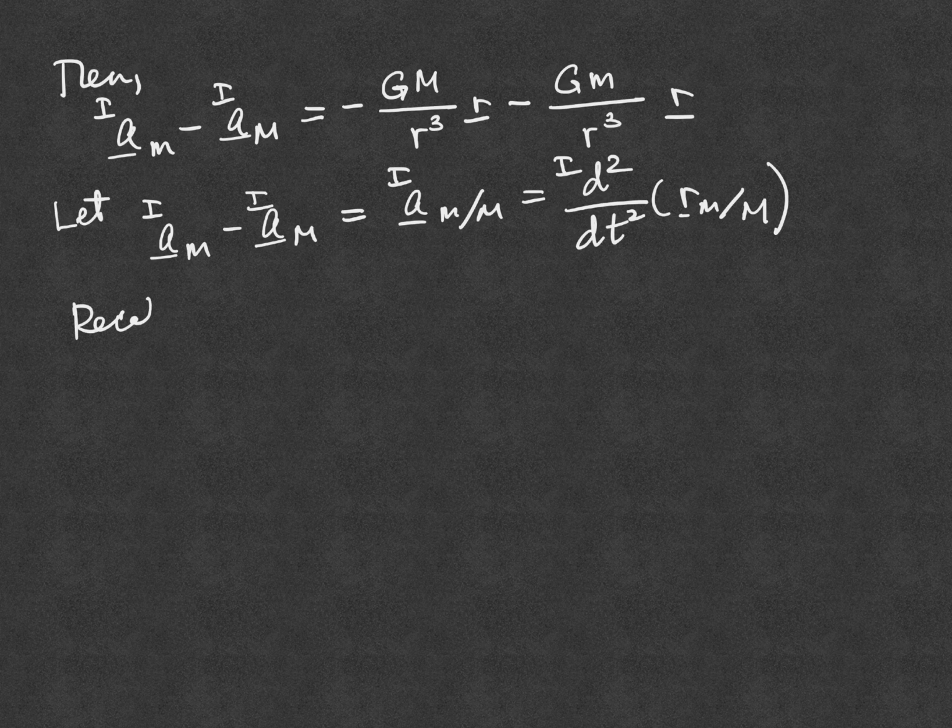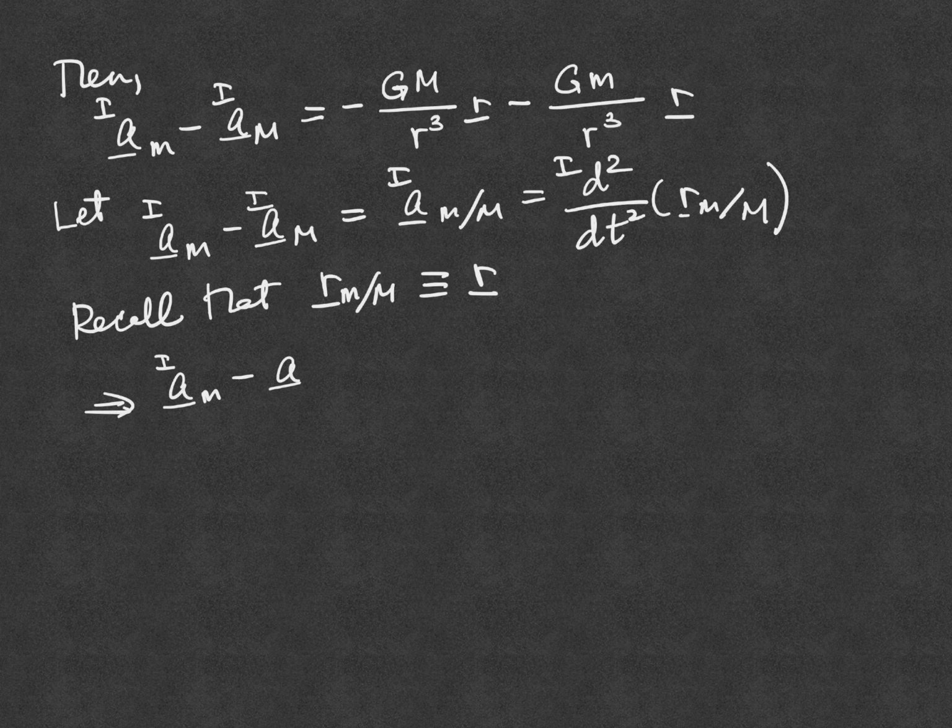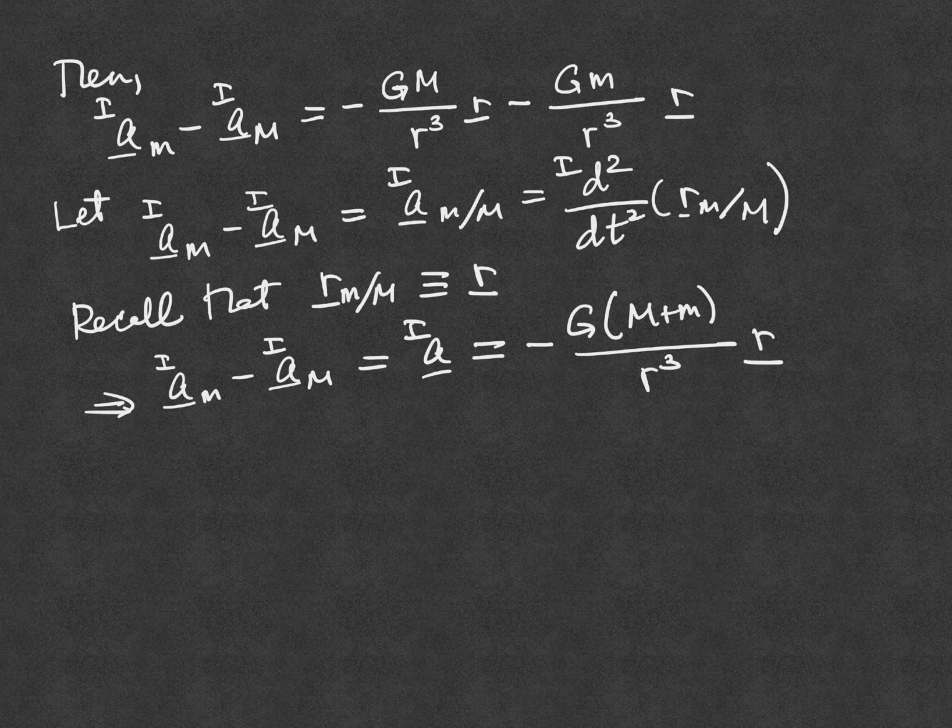So recall that the position of little m relative to big M was defined as r. So that means the acceleration of little m in I minus the acceleration of big M in I is just equal to A_I, because the notation would be consistent. So that has now got to equal, if I take these two terms on the right-hand side, minus G times big M plus little m, all divided by r cubed times r.